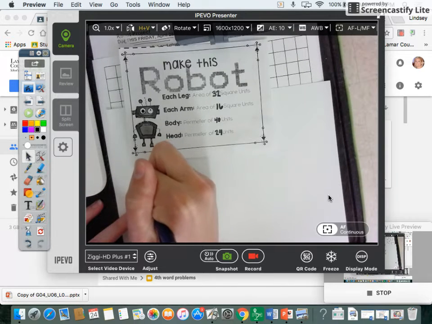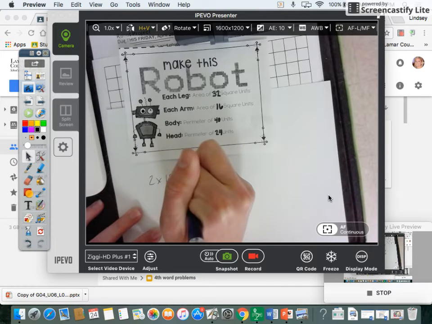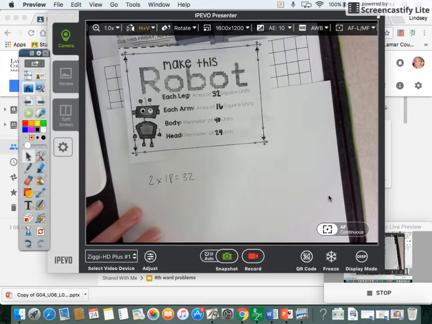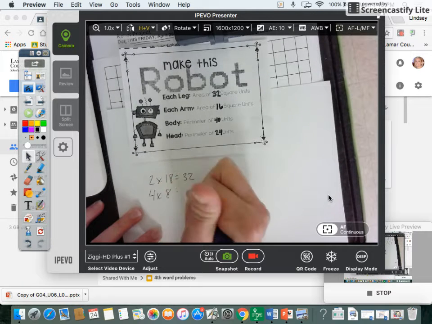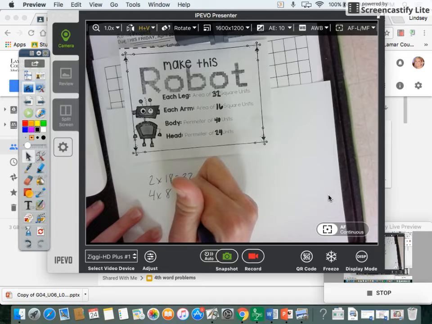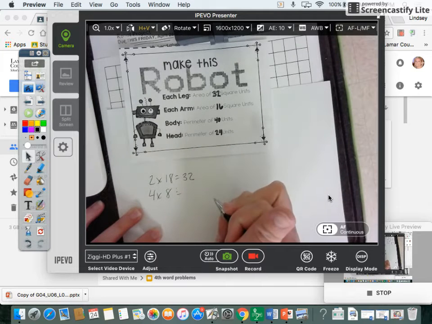2 times 18. Okay, that would equal 32. And that would give me 32 square units. What's another way I could do it? Sherry? Okay, 4 times 8. Wait, oh, this isn't right. 2 times what is 32, not 18. 16, yeah.